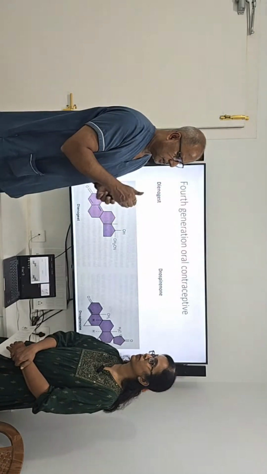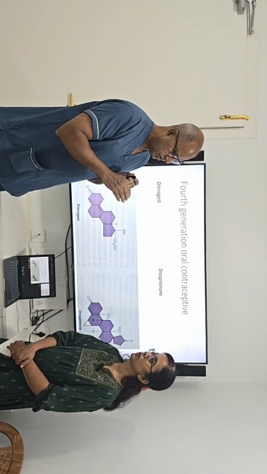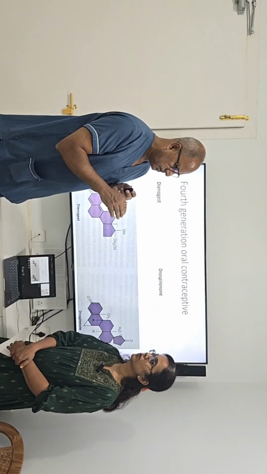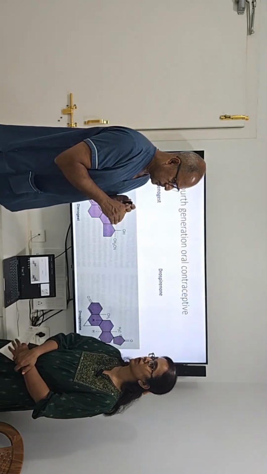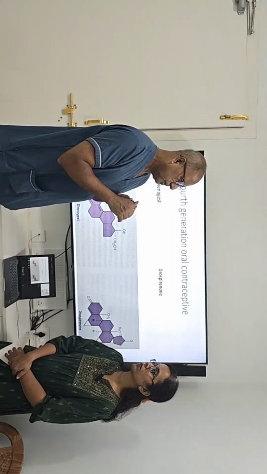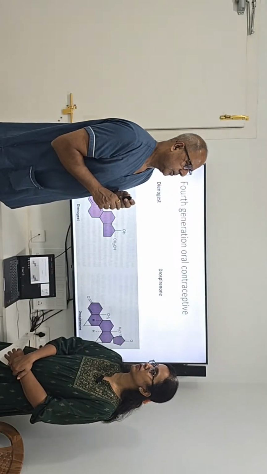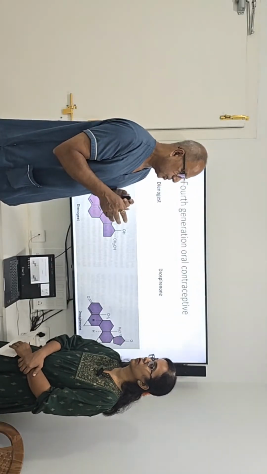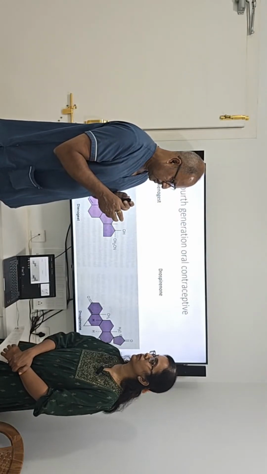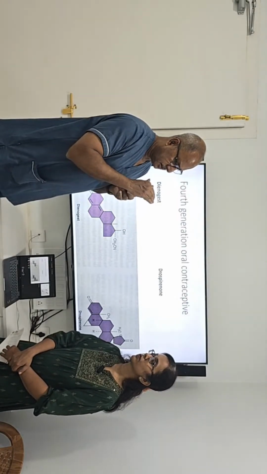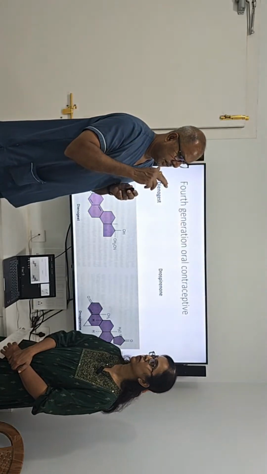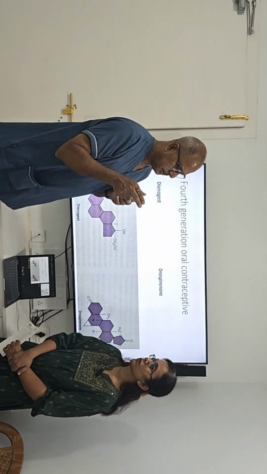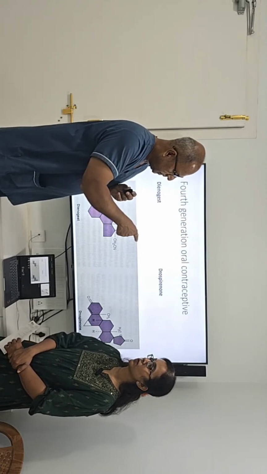If I reduce the level of estradiol or estrogen in the oral contraceptive, will there be a good proliferative phase or less proliferative phase? Less proliferative. If there is less proliferation, there will be more breakthrough bleeding. The patient will bleed more. So at some specific level, you cannot go down. The contraceptive activity is done mainly by the progestogens.